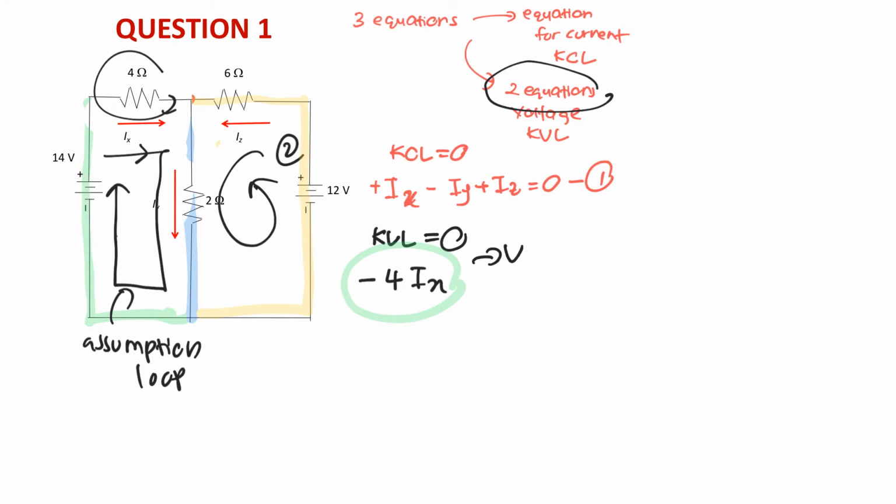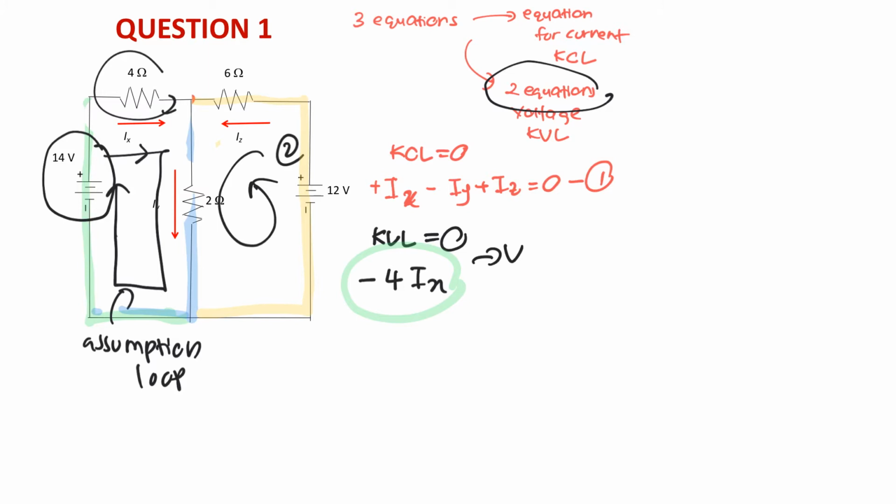Next, for the 14 volt source, this is a potential difference. Look only at the terminals. Please don't ever look at the circuit; only focus on the terminals. Here you need to focus only on the assumption loop.